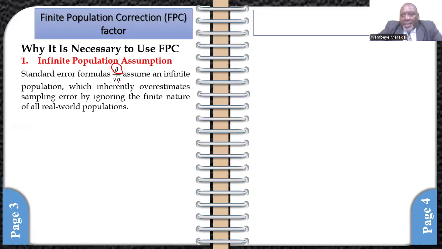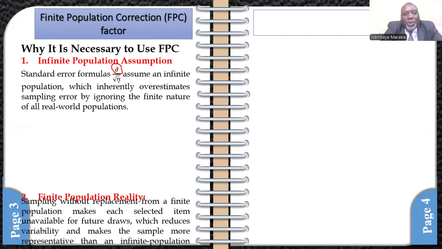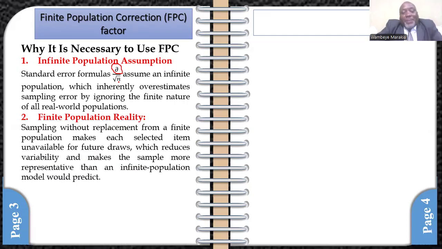The second reason why it's necessary to do FPC, that's finite population correction: sampling without replacement from a finite population makes each selected item unavailable for future draws. That's why we say it's without replacement, which reduces the variability and makes the sample more representative than an infinite population model would predict.